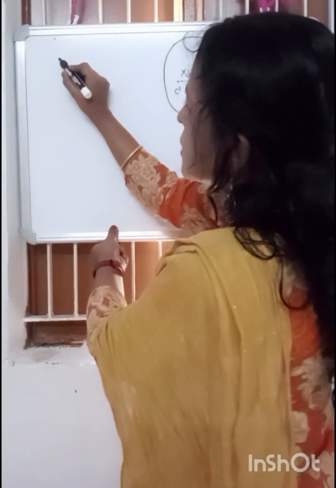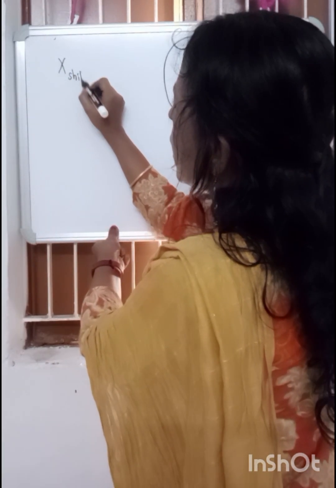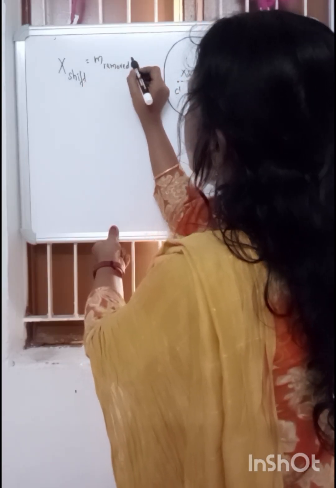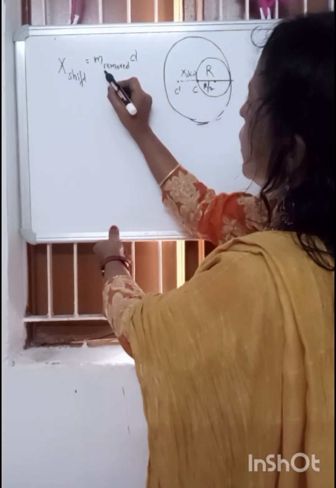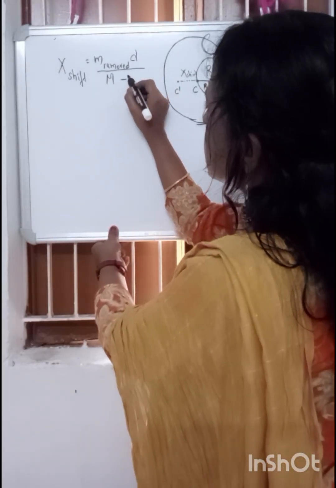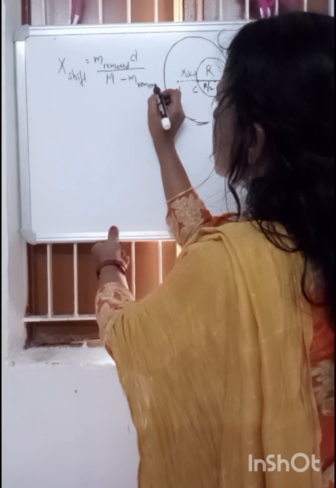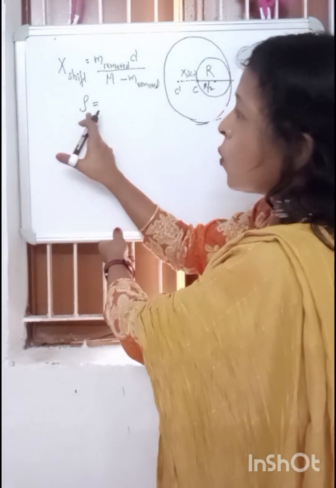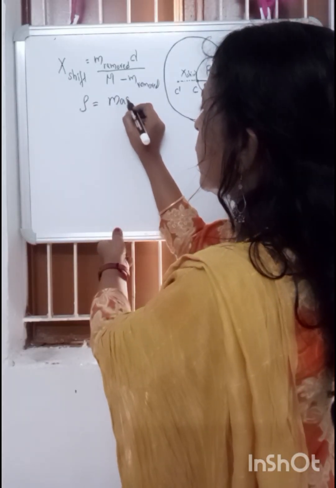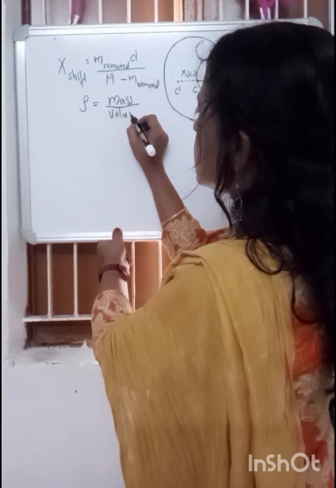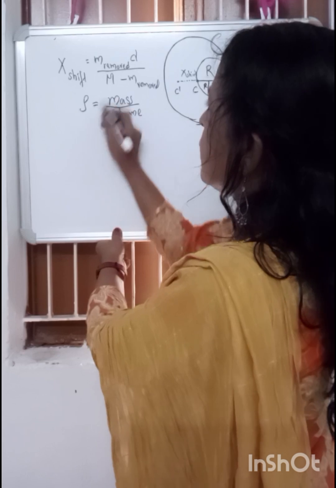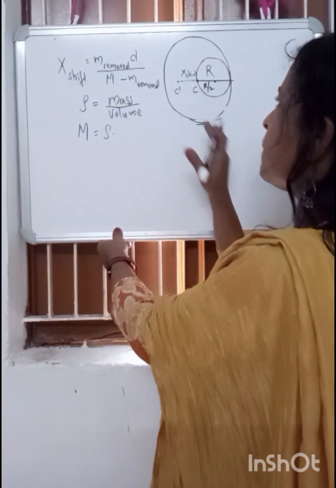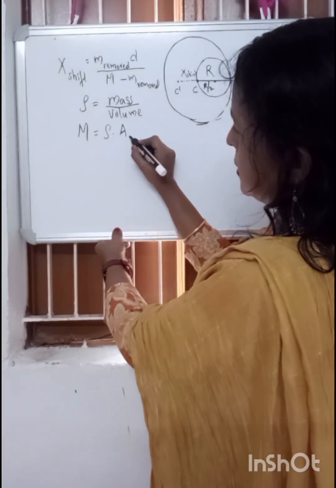What is the equation we know? The equation is x shift equals mass removed into d, the distance, divided by total mass minus mass removed. Density rho equals mass divided by volume. So what is the total mass? M equals rho into volume, which means area into thickness.